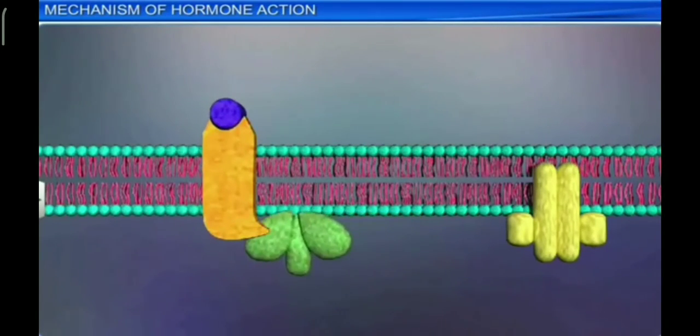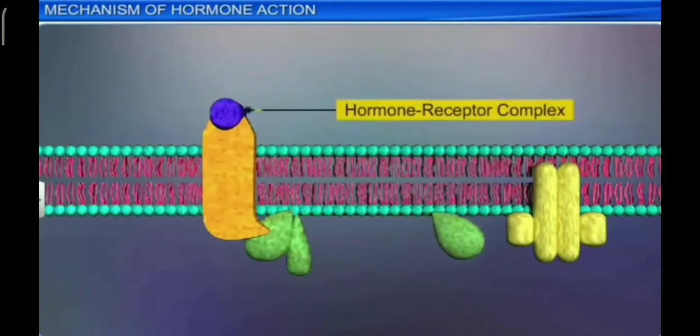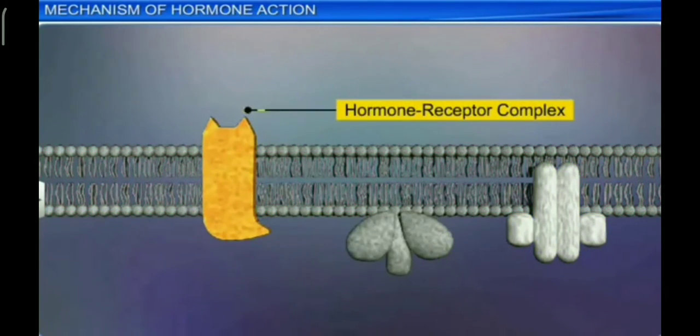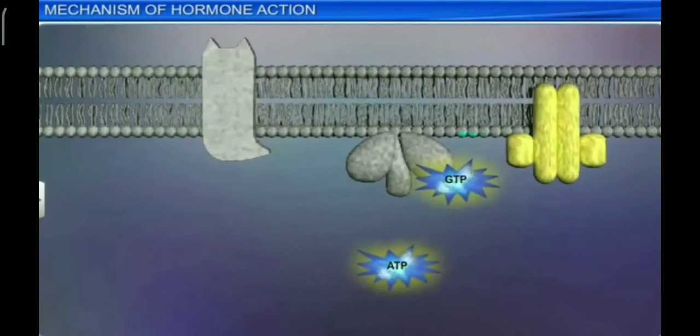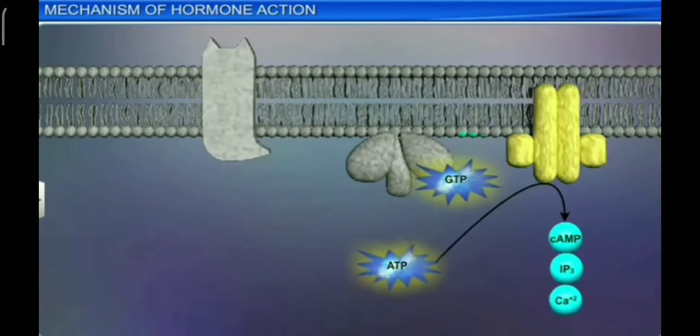Peptide hormones bind to a specific receptor molecule located on the plasma membrane and form a receptor complex, which causes the release of adenylate cyclase. The enzyme forms cyclic AMP from ATP of the cell. Other second messengers are IP3 or calcium ion.